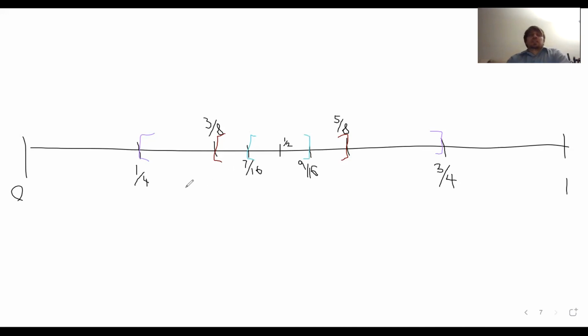We'll keep going. Right, and so they get smaller and smaller, and they're half in length each time. And so this pattern continues, and we keep halving the length of each of these intervals. And they keep getting smaller and smaller, and see that they're centered at 1/2. Okay, so that's the situation that we're in.